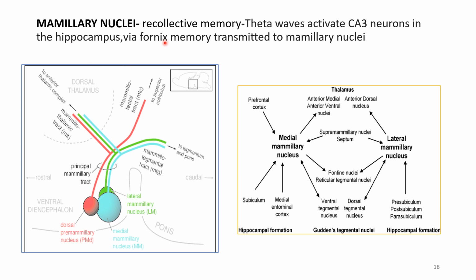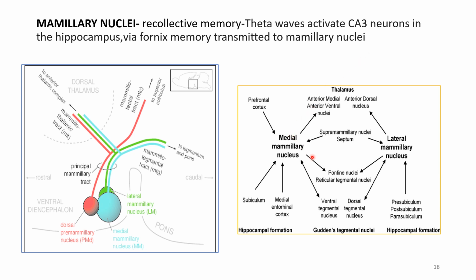Now coming to the mammillary nuclei. They are helpful for recollective memory. The theta waves activate the CA3 neurons in the hippocampus via the fornix. Via the fornix, memory is transmitted to the mammillary nuclei.